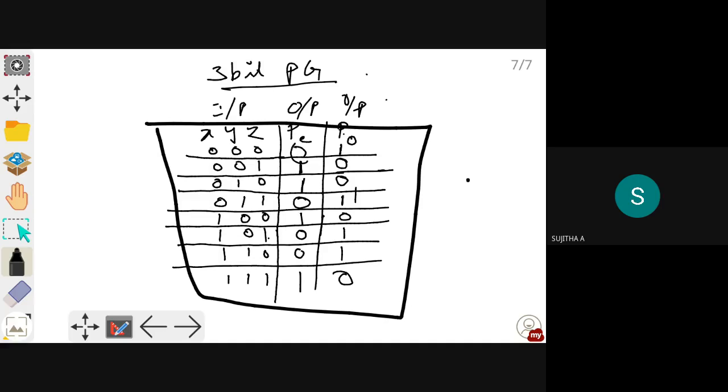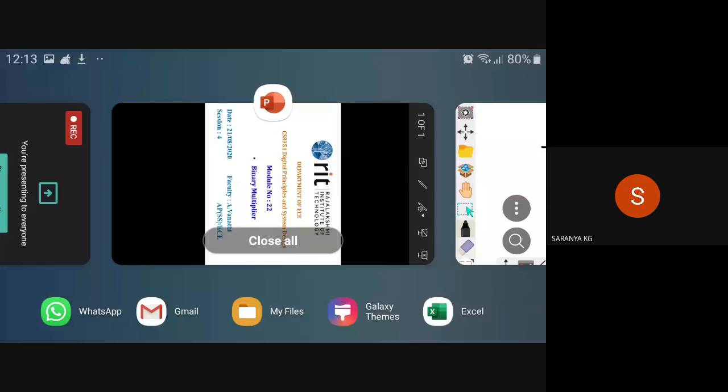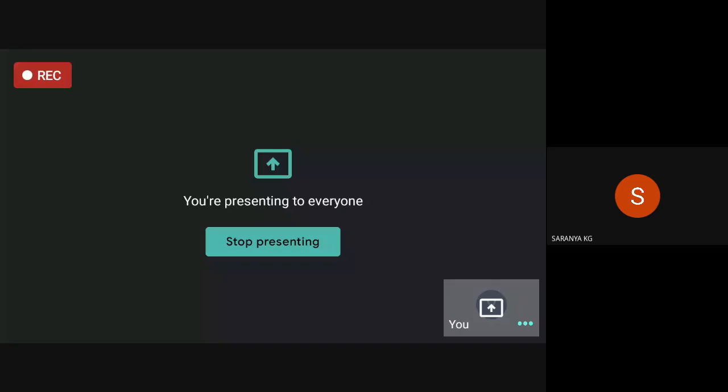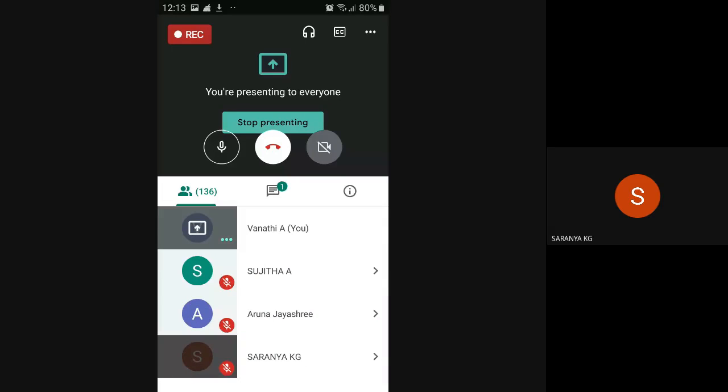Is it clear or not? Yes, ma'am. So you use K-map to obtain the functions for even parity generator and odd parity generator, and we will continue the design in the next class.